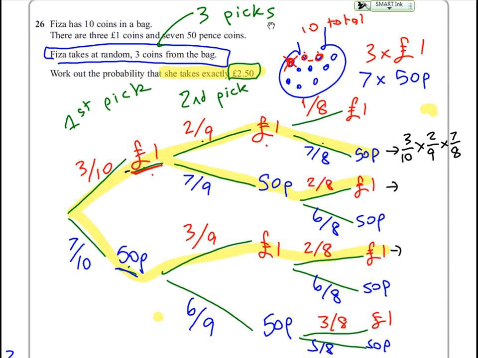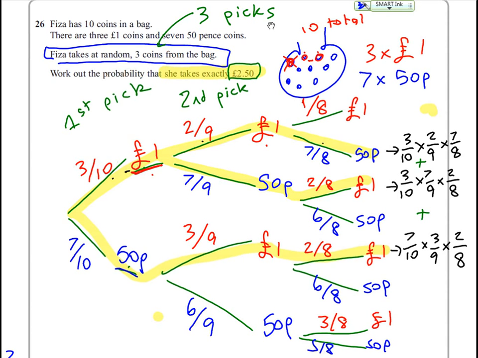We're going to need some working out in a minute. This one, 3 over 10 times 7 over 9 times 2 over 8. And the final one is going to be 7 over 10 times 3 over 9 times 2 over 8. And then we're going to have to add each of these answers.